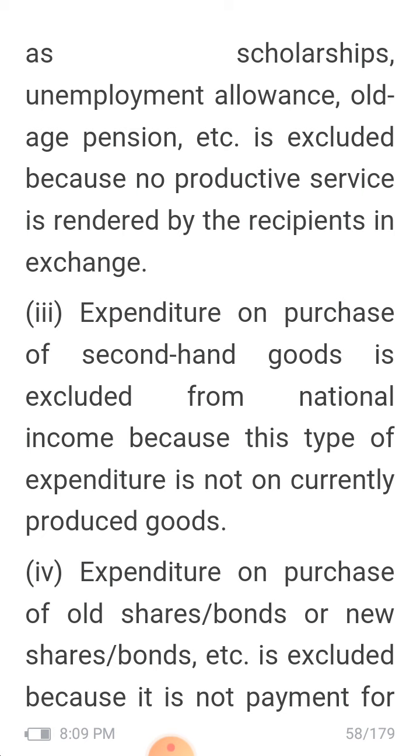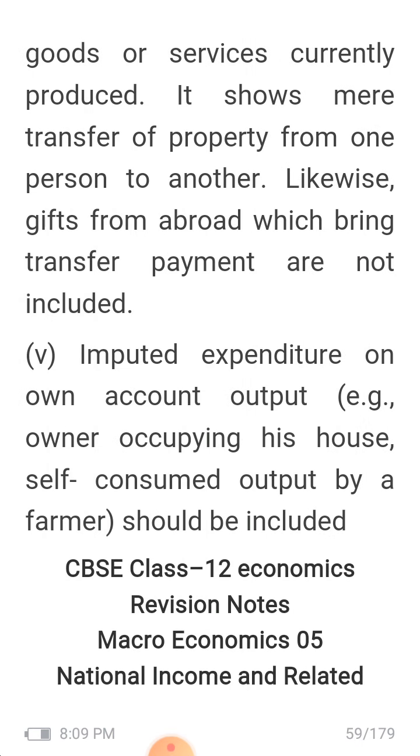Expenditure on purchase of second-hand goods is excluded, meaning it is not included in national income, because this type of expenditure is not currently produced. Fourth, expenditure on purchase of old shares, bonds, or new shares, bonds, etc. is excluded because it is not payment for goods or services currently produced. It shows mere transfer of property from one person to another.